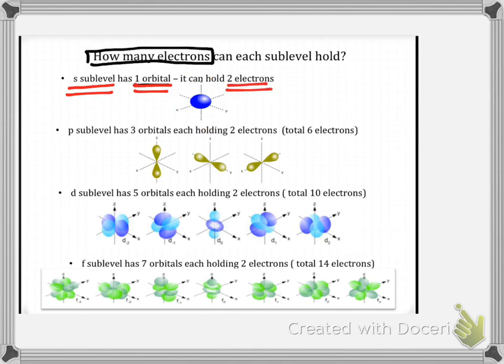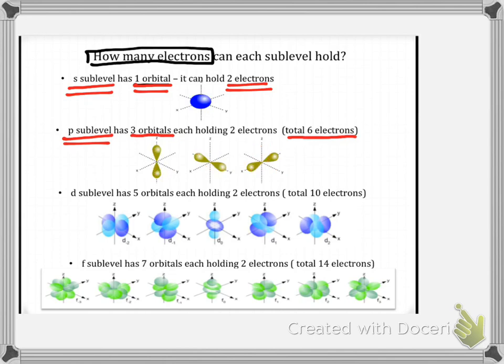This orbital can hold 2 electrons. Now let's look at the P. Make sure you're taking notes. The P sublevel has 3 orbitals, which can hold a total of 6 electrons. 2 electrons can go here, 2 electrons can go here, 2 electrons can go here. That's a total of 6.